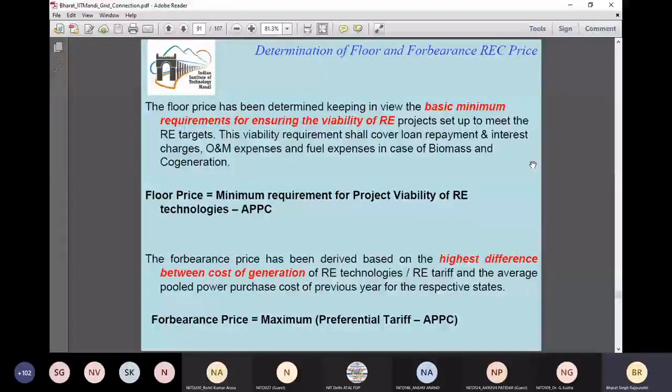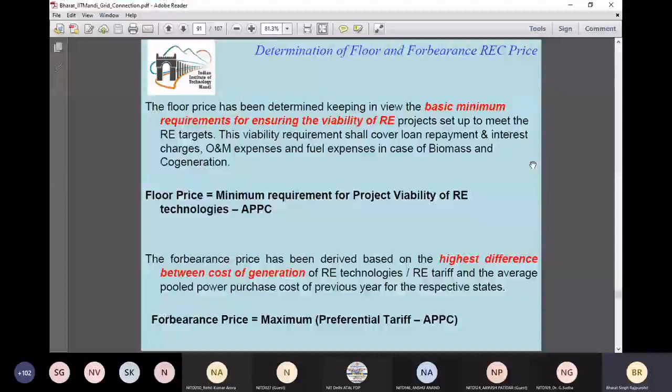And an important and very interesting study is how to find out the floor and forbearance price of the REC certificate. So here you can see the expression for the floor price, the minimum price. Here the keyword is very important. The keyword is minimum. So this is saying the project viability cost minus average power purchase cost.